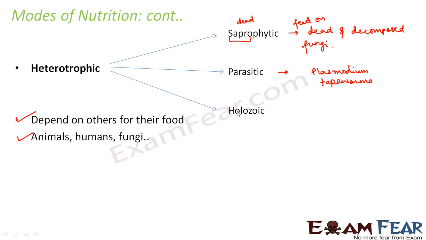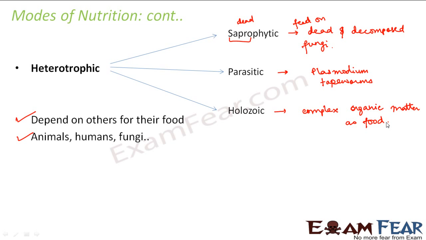That means there are some organisms which take complex food. Complex organic matter is taken as food. The best example is human beings. What do we eat? We eat things like rice, wheat, right?